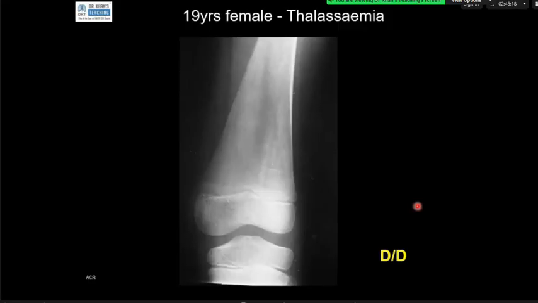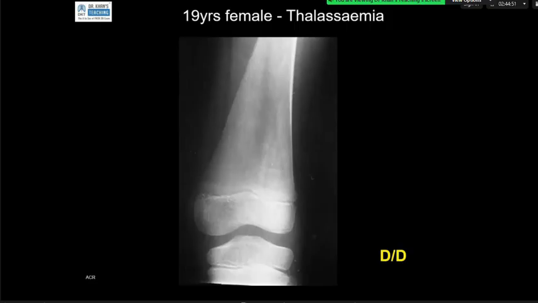I can see expansion of the distal metaphysis with slight sclerotic changes seen in the medullary cavity, associated with thinning of the cortex.